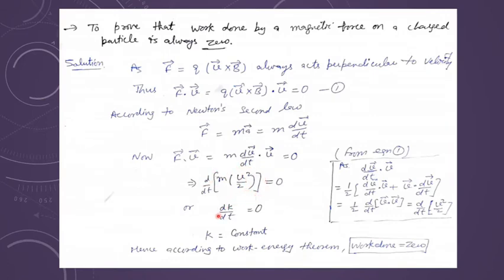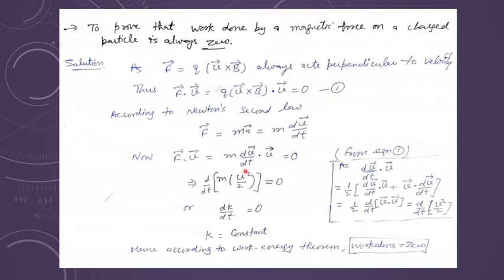So I can write it as dK by dt, where K is the kinetic energy. And by the work energy theorem, work done equals the change in kinetic energy. So when K is constant, there is no change in the kinetic energy, so the work done will come out to be 0.